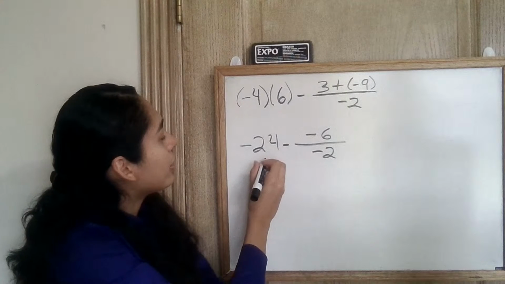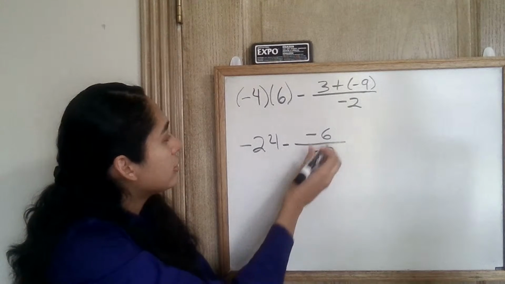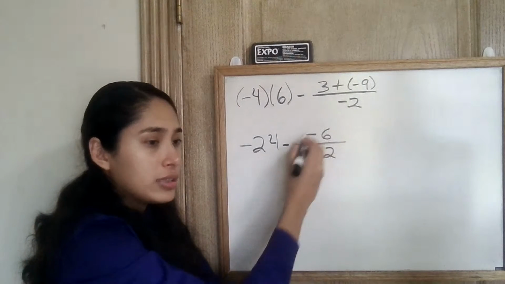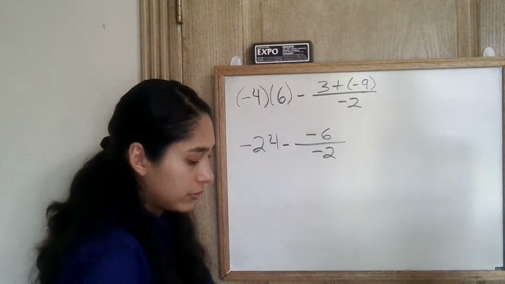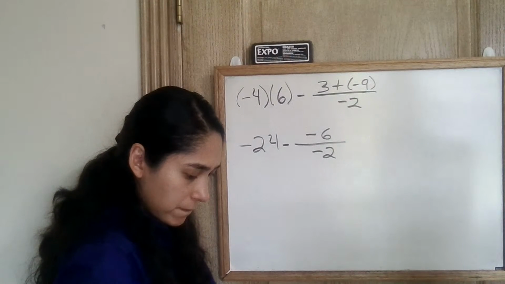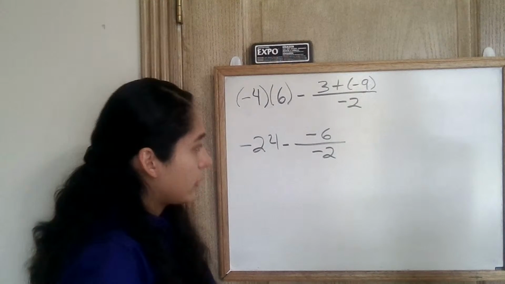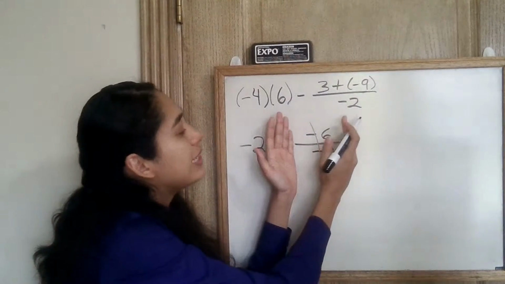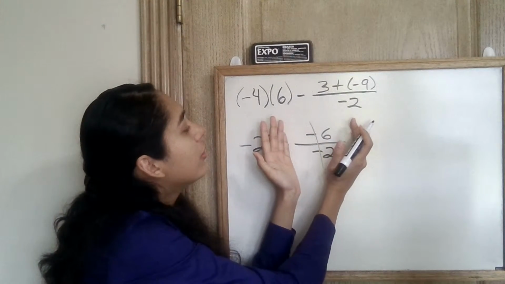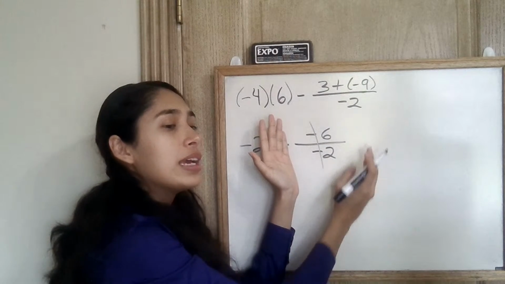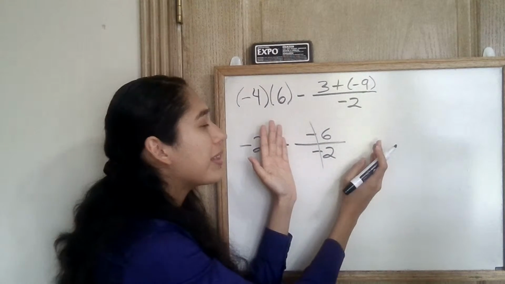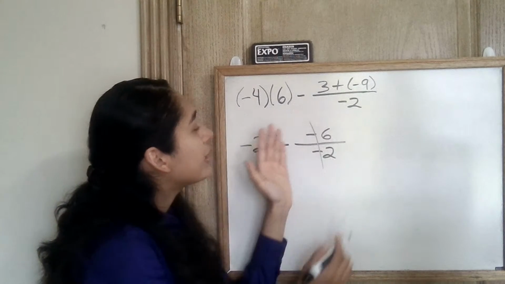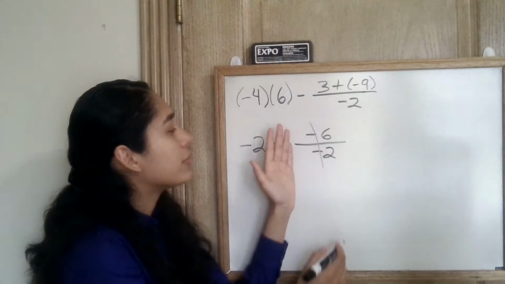Okay, so now we have -24 minus. Let's deal with the inside right here. So here I'm seeing it isolated right now, and I see a negative and a negative. Hey, they're buddies. They're happy. They become positive. So this is the same thing as a +3.